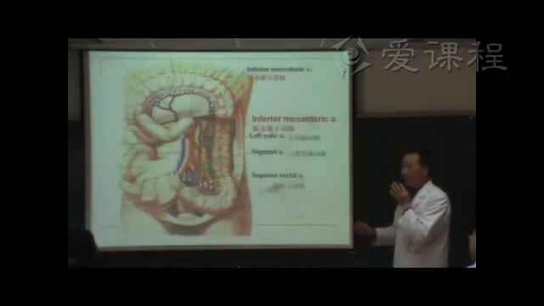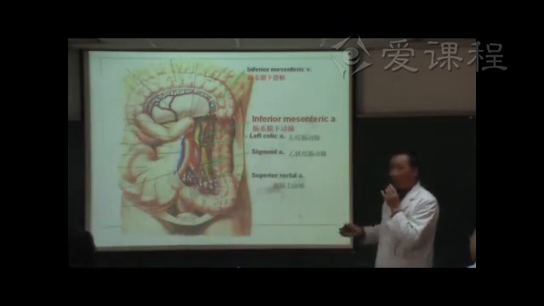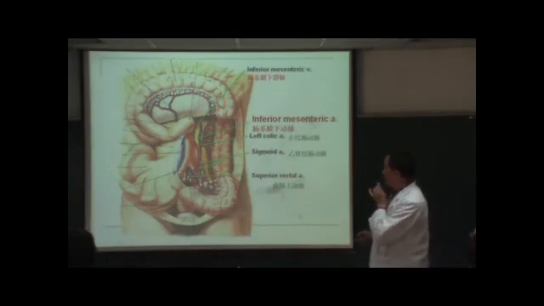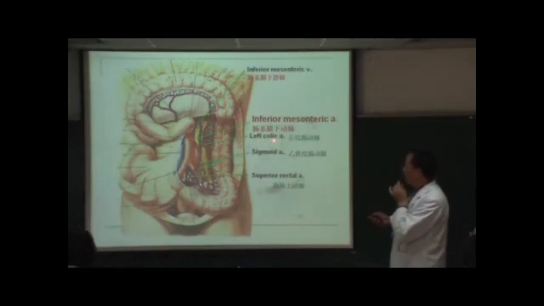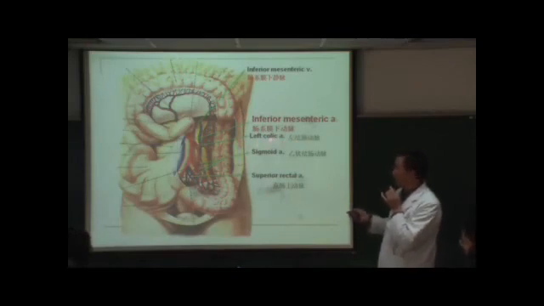And after you remove the peritoneum, the branches of this artery can be seen clearly. The branches include the left colic artery. Which one? This one. This is the left colic artery. Read it, please.